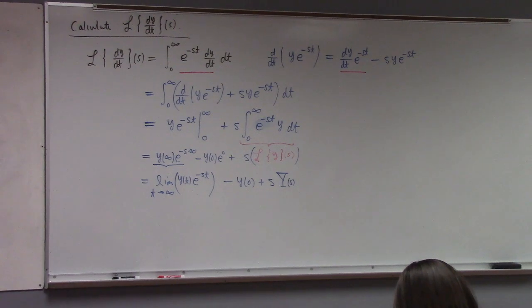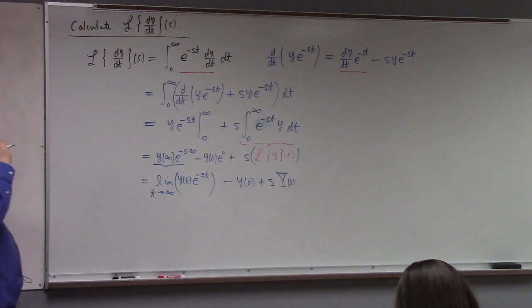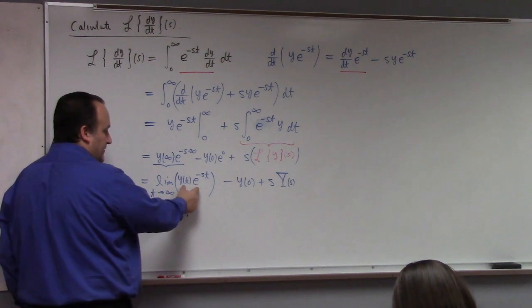That's our other notation for the Laplace transform, the big Y. But the thing is, with this term right here, what's the story there? If it has exponential order alpha, what is this?